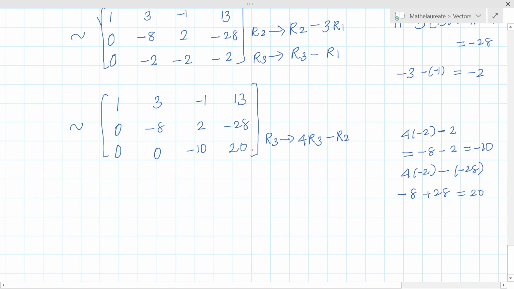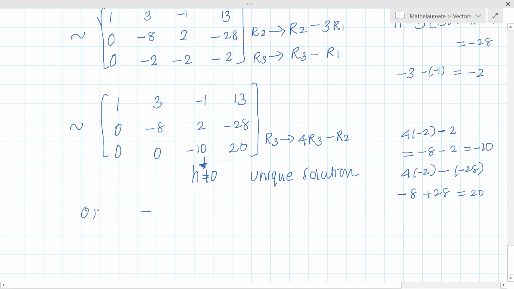Fine. Okay, if you see, in the last video I explained, if this is h, right? If this is not equal to 0, then you will get what? Unique solution. So this is h and this is not equal to 0, so we get a unique solution. So this is actually 0x plus 0y minus 10z.